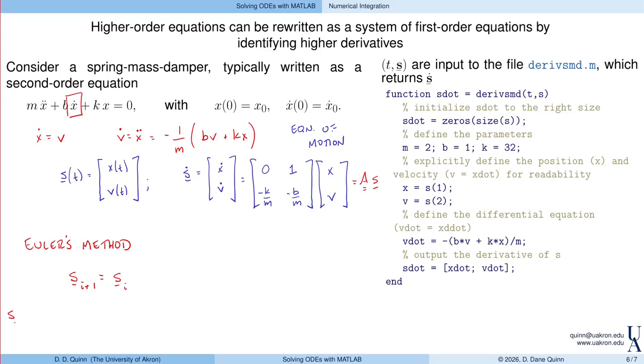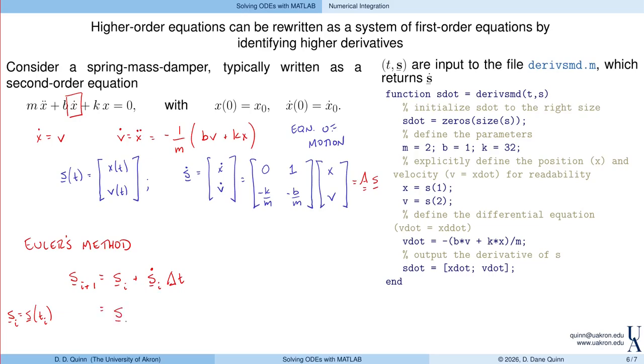So here, S of i is equal to S at t i, right? So S of i plus 1 is S at this new time, plus S i dot times delta t, right? Euler's method looks exactly the same, just now these are vectors rather than just a scalar quantity.